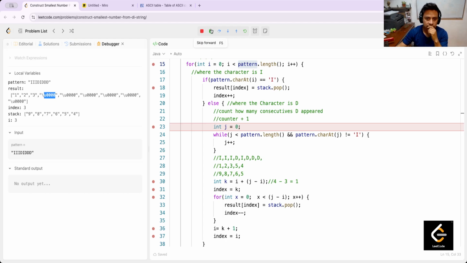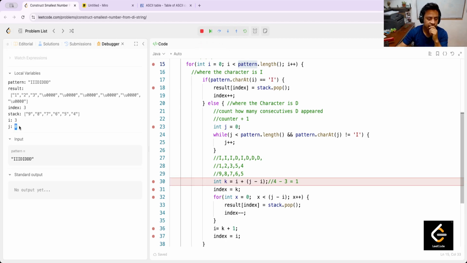Here I need to count, j is 0, why 0? This doesn't make sense.